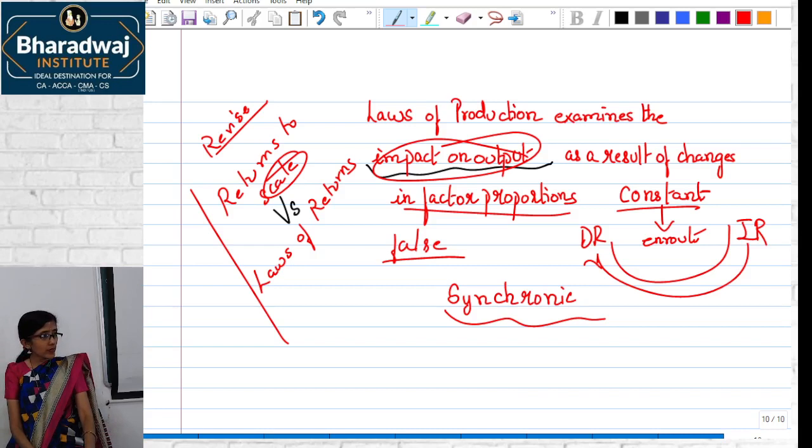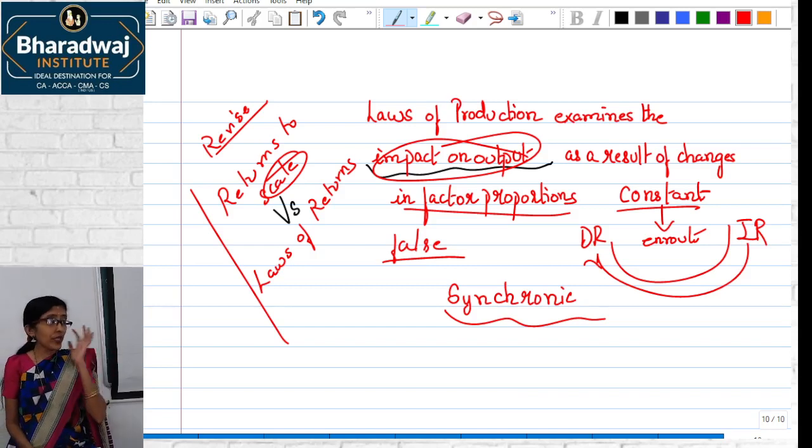Fluctuations in government spending come under internal or external cost of trade cycles. 100% you're sure? Internal, because this is within the control of the economy. The government can change. What are external?